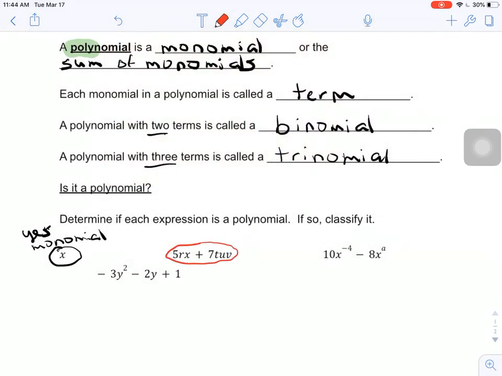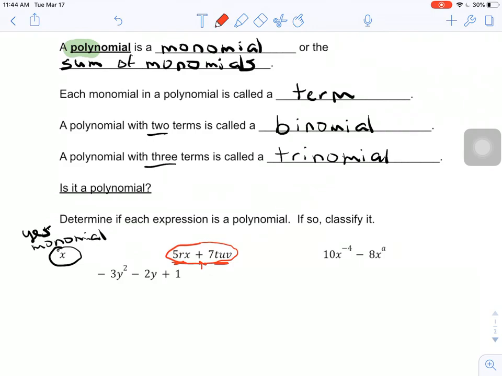Notice that we are adding. So we have to look at each part, the 5rx and the 7tuv, and decide, are those both monomials? Both of those meet the criteria for a monomial, pardon me. So that means that this is a monomial and this is a monomial. Both of those pass the monomial test. So that means that this is a polynomial, because all of the pieces are monomials.